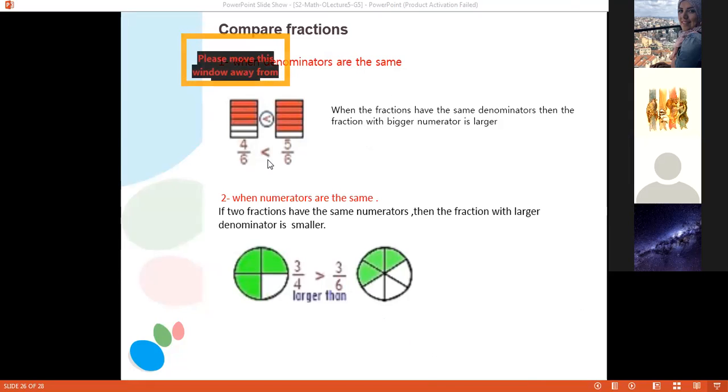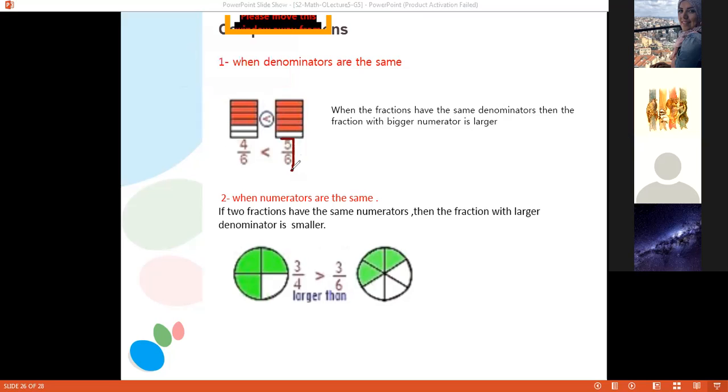In this case, the bigger the numerator, the bigger the fraction. The fraction that has the bigger numerator is bigger, because as you can see, here I have 4 colored out of 6, but here I have 5 colored out of 6. So which one is colored more? 5/6.